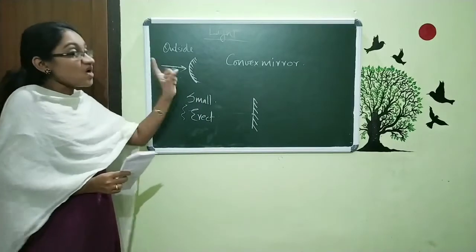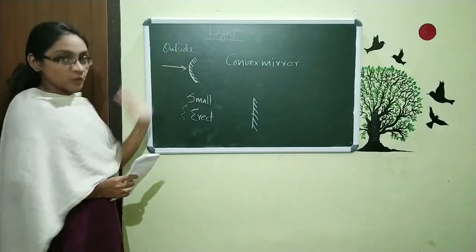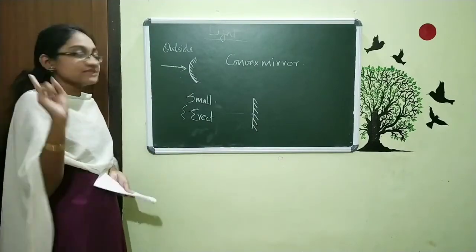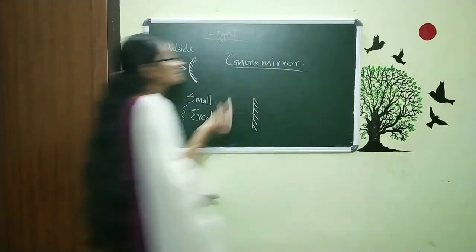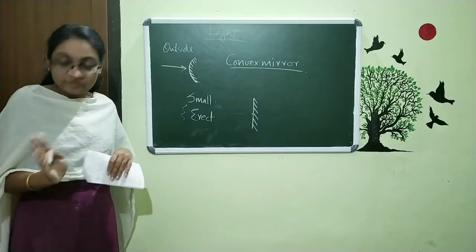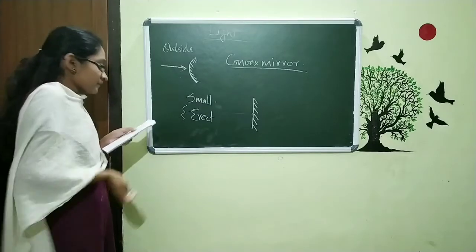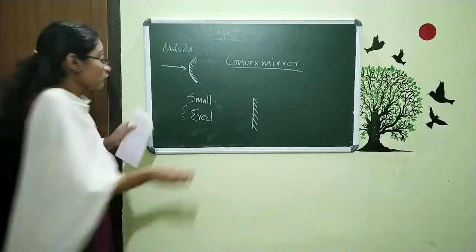So convex mirror means the surface is curved outward. That is what a convex mirror is. So this is one type of mirror and the name is convex mirror. Just remember the outside part of our spoon. We can say the light falls on the bulged side.